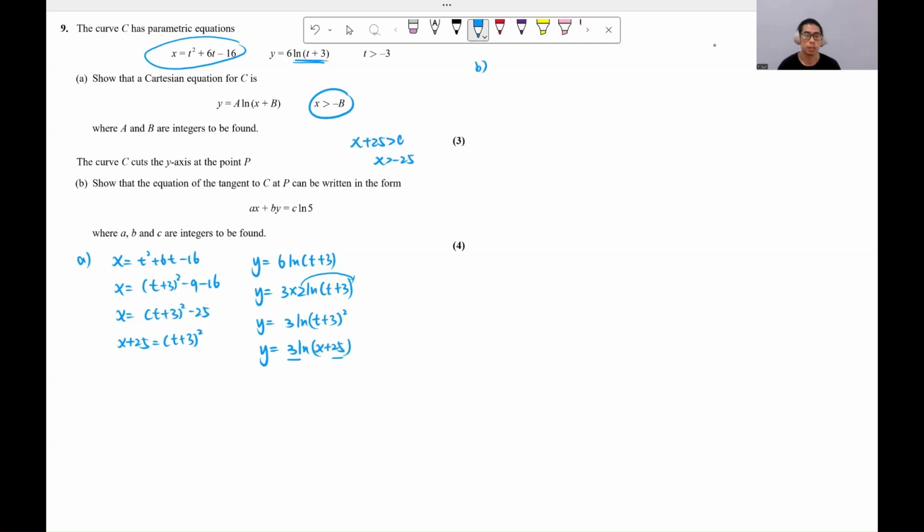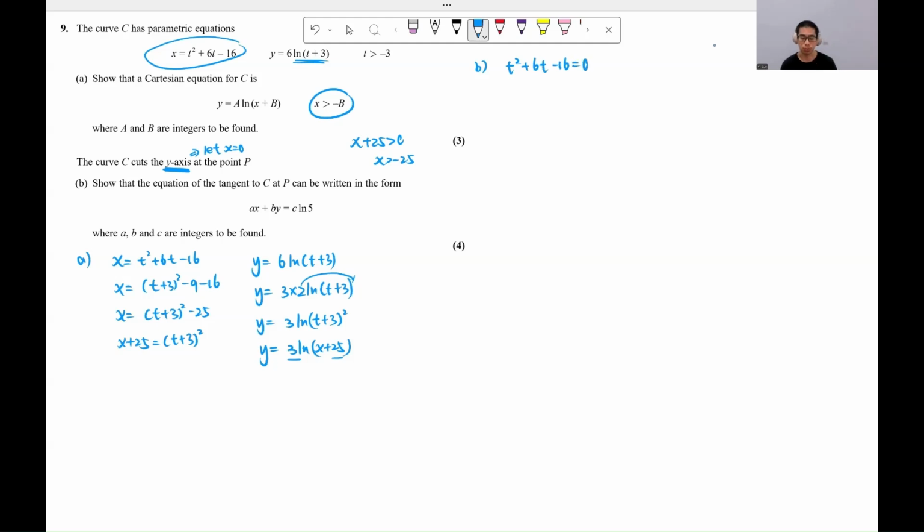Because curve C cuts the y-axis at point P, point P is the y-intercept. To find the y-intercept, you always let x equal to 0. If you want to find the x-intercept, you do the opposite, you let y equal to 0. So let t squared plus 6t minus 16 equal to 0.